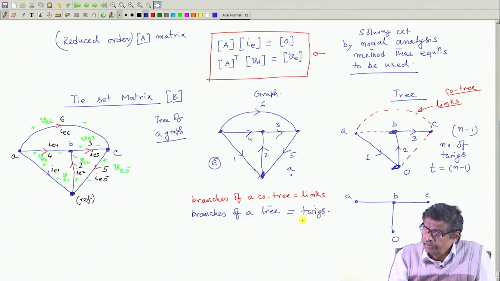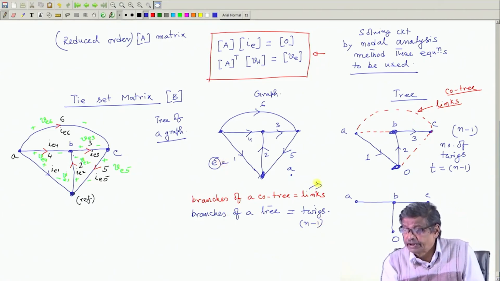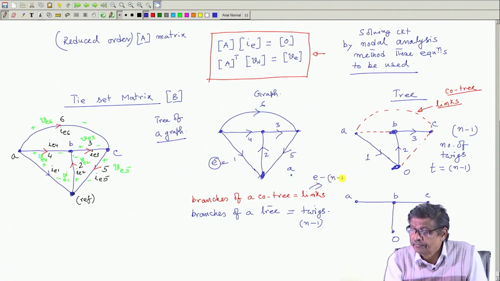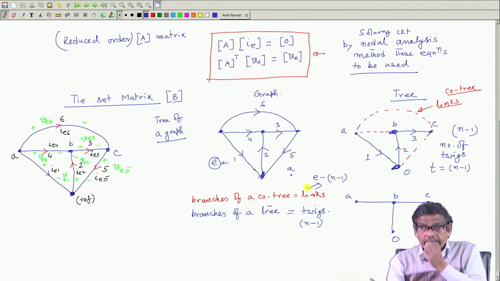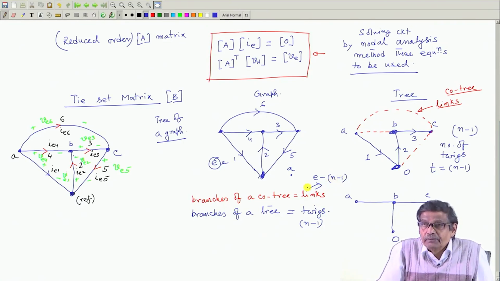How many twigs will be there? n minus 1. How many links will be there? Total number of edges is E. Therefore, subtract n minus 1 from E. That will also tell you how many links will be there.